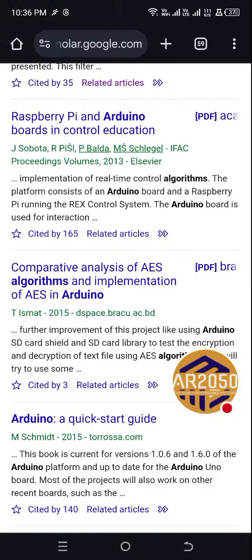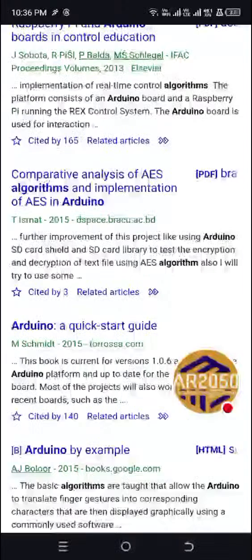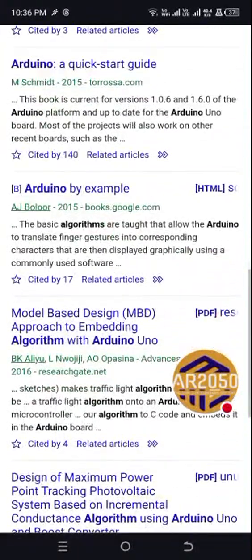What is the combination? Raspberry Pi and Arduino boards in control education? Yes, if you want to teach something like industrial control systems, they are a good combination. No, that's all not today's topic.